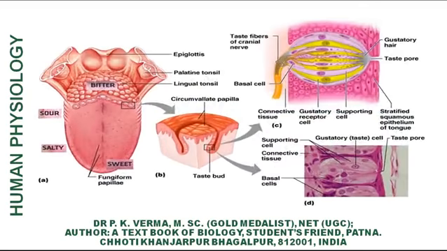Now see the diagrams related to the tongue. In diagram A, distribution of papillae has been shown. The position of taste sweet is at the anterior part, salty in the lateral part, sour in the rear of the lateral part, and bitter on the rear surface of the tongue where circumvallate papillae are present.